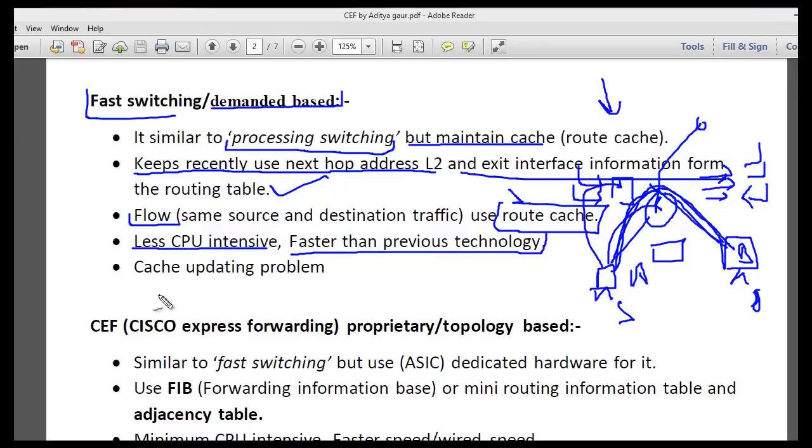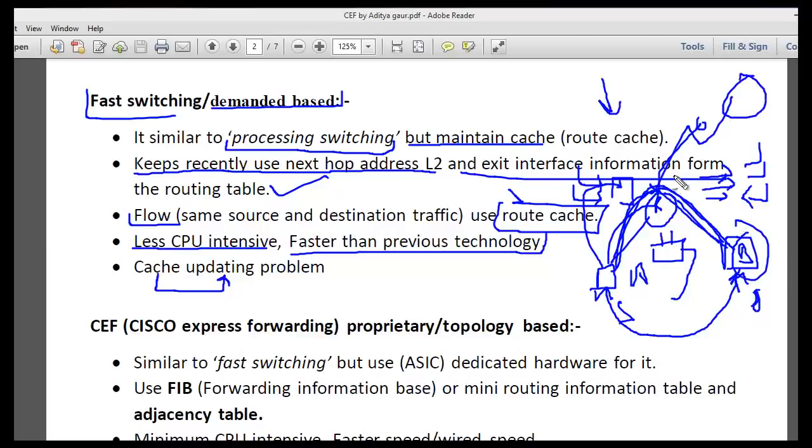But there is a little bit of a problem with caching. Sometimes cache updation may take time. What I mean to say is that earlier you may have cached all the information to forward packets from computer A to computer B. So maybe computer B, or maybe a router, is taken out and connected to some other port or some other link.